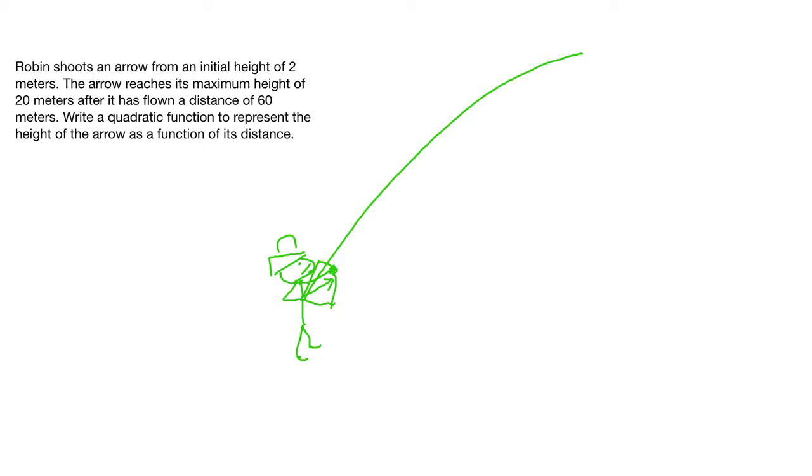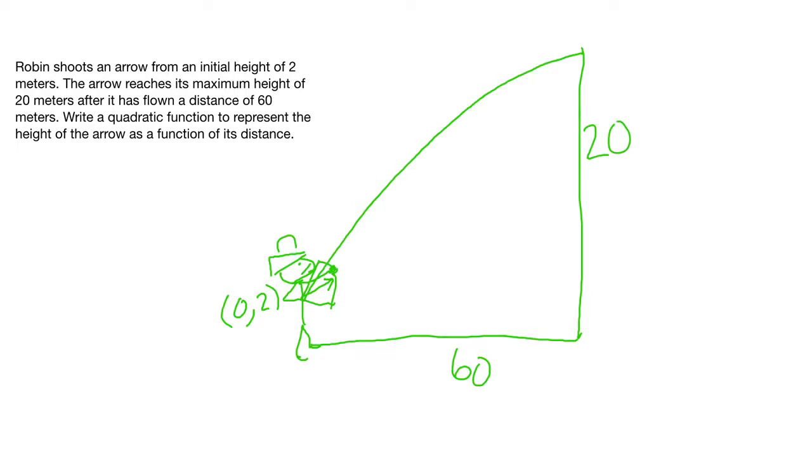Now, remember we start out at 0, 2 because we had an initial height of 2 meters, meaning 60, 20. Notice this goes from the bottom, not from where the arrow started, meaning our new point is at 60, 20. Then I just plug it in.